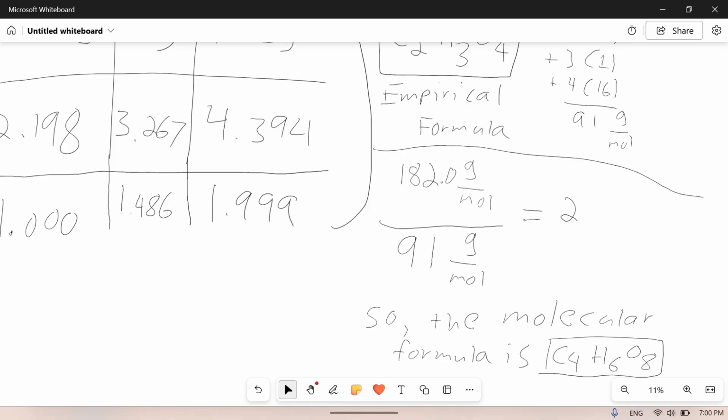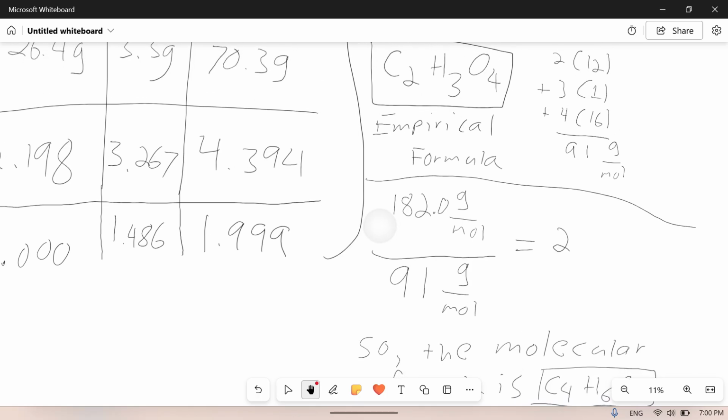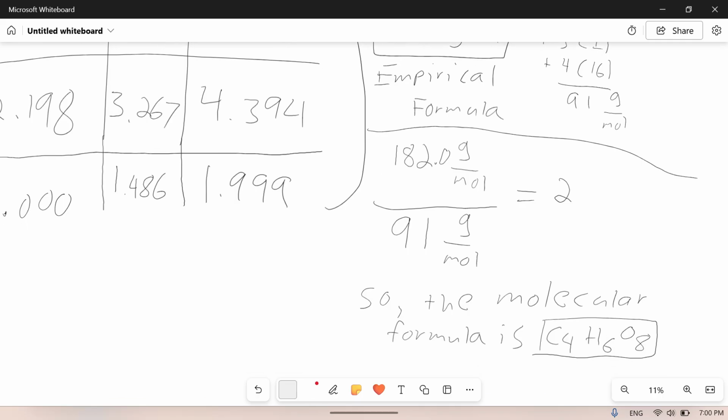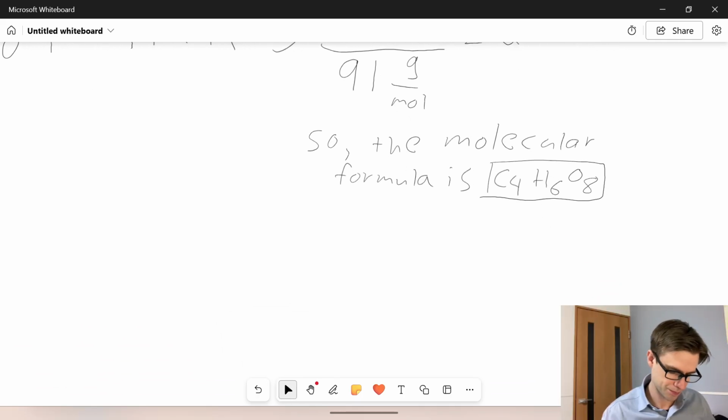And then you're done. Alright, so I know some of you more advanced people probably are wondering, what does the structure of this possibly look like? And I don't think it's possible to draw a structure of the empirical formula. It doesn't really make a lot of sense to have 2 carbons and 4 oxygens and 3 hydrogens. But it is possible to have a structure of this molecular formula.